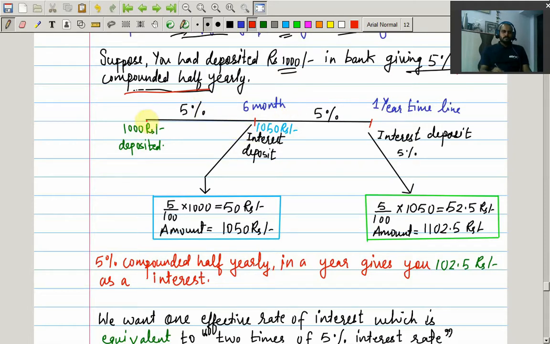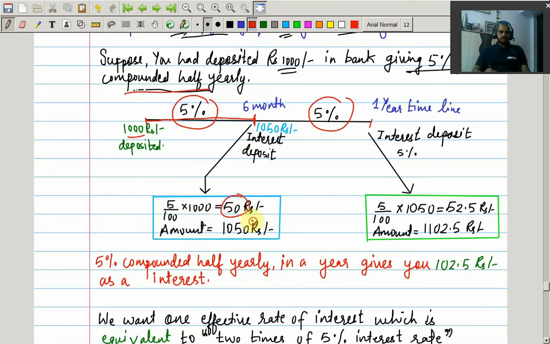So for the first half, that is 6 months, the rate of interest is 5%. Second half is again 5%. That is the meaning of 5% without PA, per annum. So on 1000 rupees I'm going to get 5% interest, that is 50 rupees.